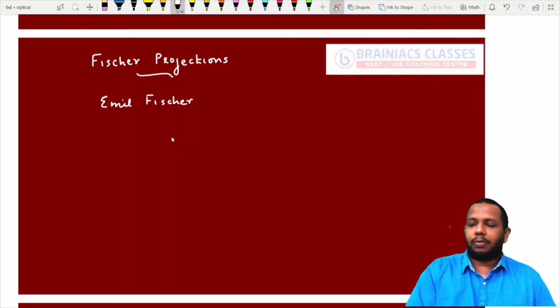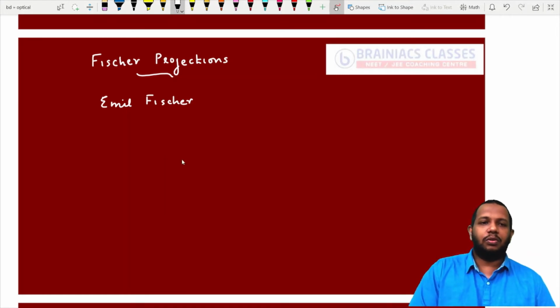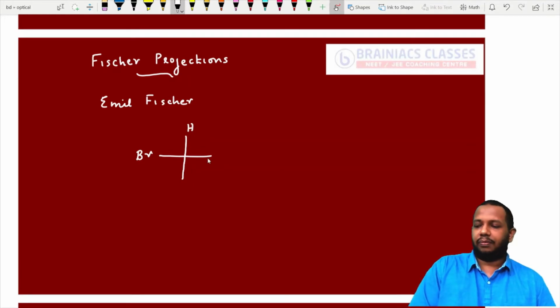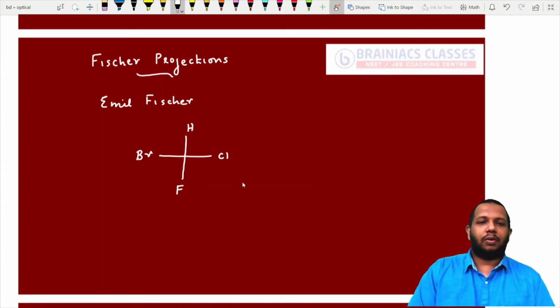So in Fischer projections, we use horizontal and vertical lines for the representation. For example, if I am representing something like this, bromine here, hydrogen here, chlorine here, and fluorine here. If this is the notation, then based on wedge and dash, I can say hydrogen is present away from the viewer, and vertical lines represent away from the viewer.